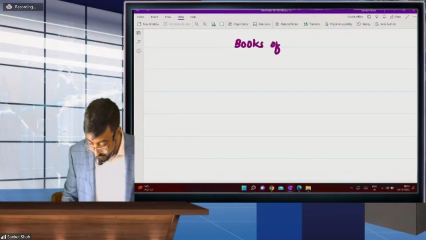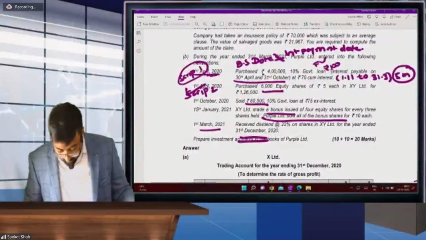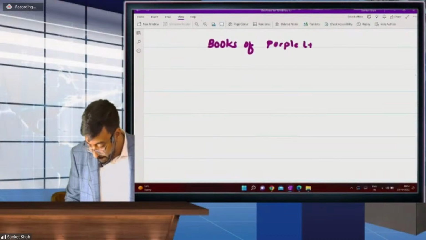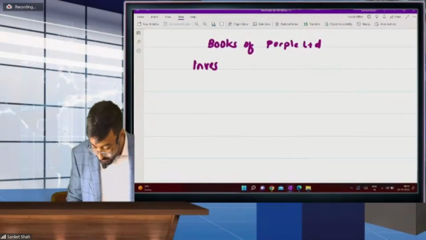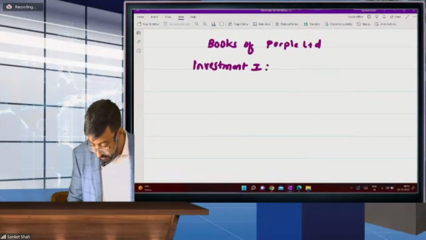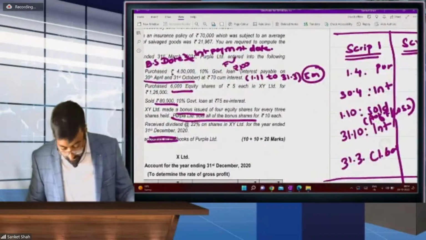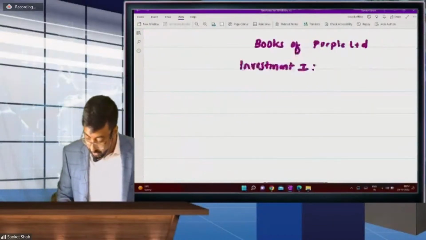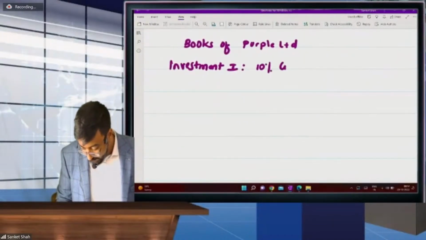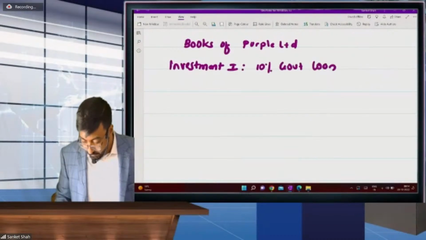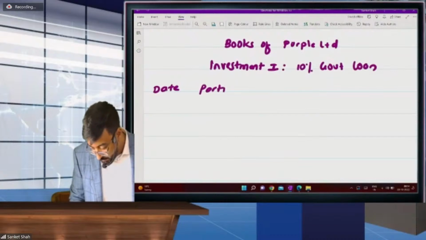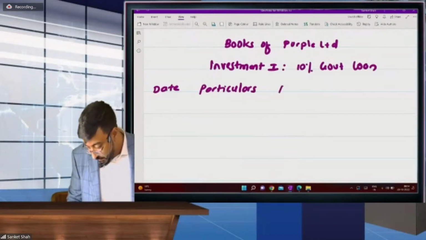Write down: Books of Purple Limited. Investment 1, 10% government loan. First, we will finish this. Date, particulars, face value, interest, cost.